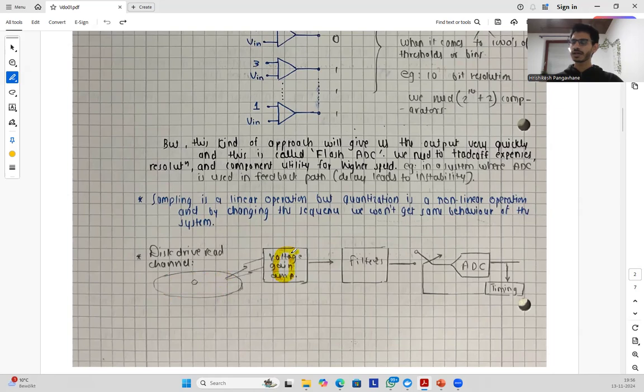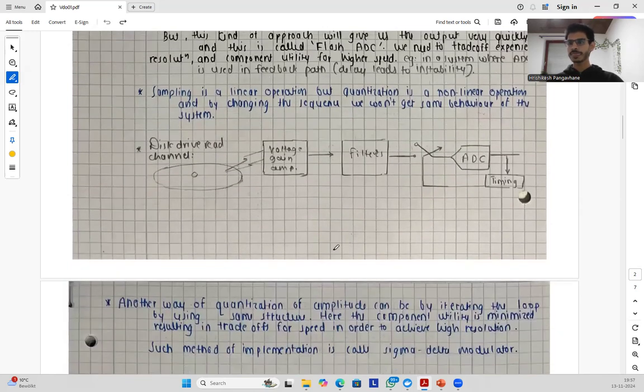After we amplify the voltage, we have filters to reduce noise and other factors, and then we pass the data to the analog to digital converter. And this timing part keeps control over whether it is done in proper time or not. So that's how our system will look, and we'll try to design this kind of system.